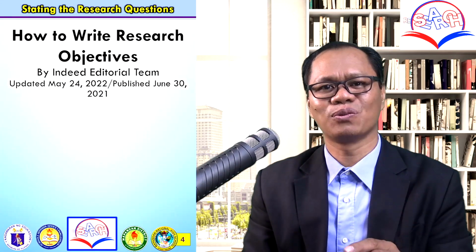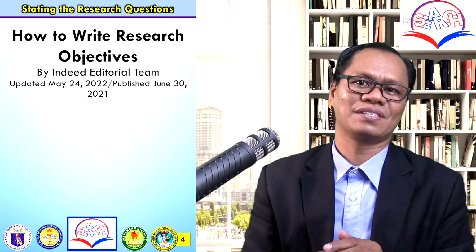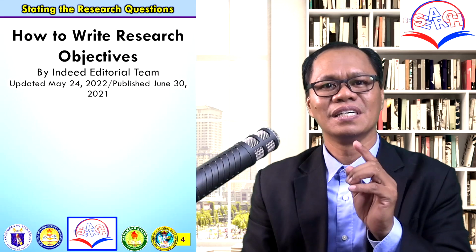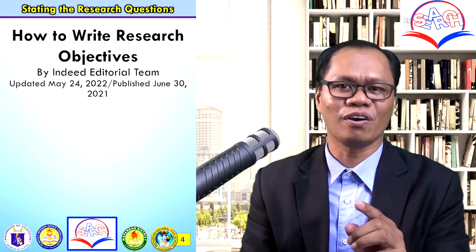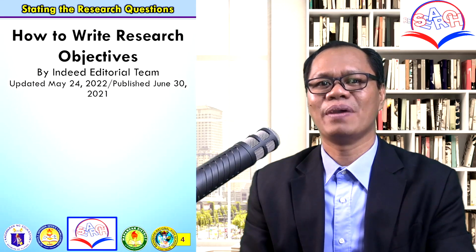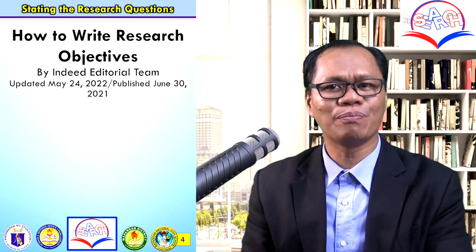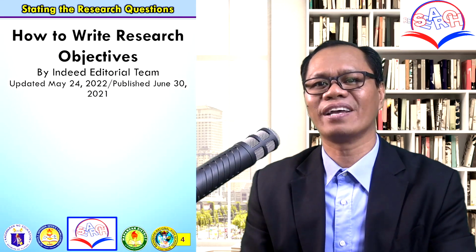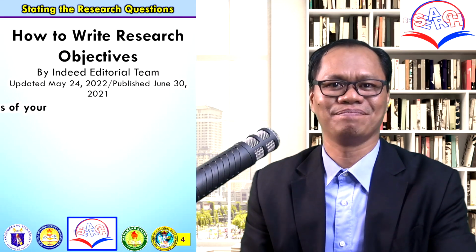There are ways on how to write good research objectives. The first step to writing your objective is to pinpoint the major focus or problem of your research study. Make sure that it will clearly describe what you aim to achieve through your research. So you have to identify your research problem.